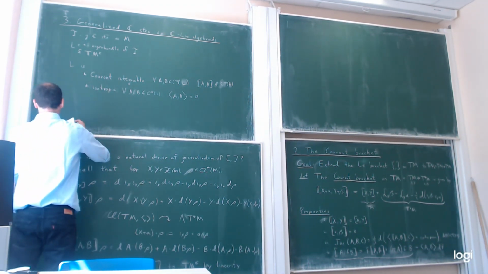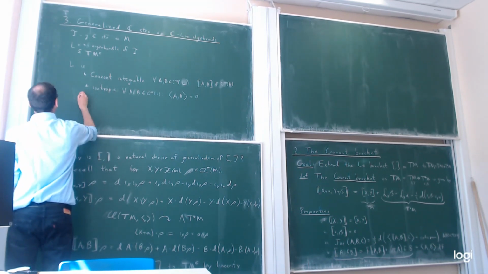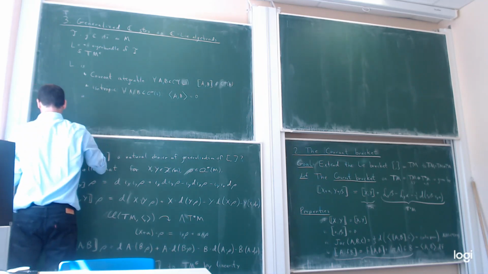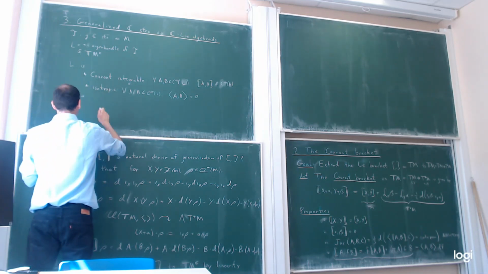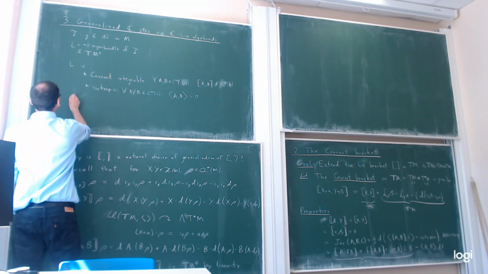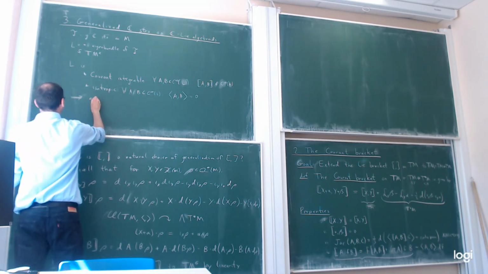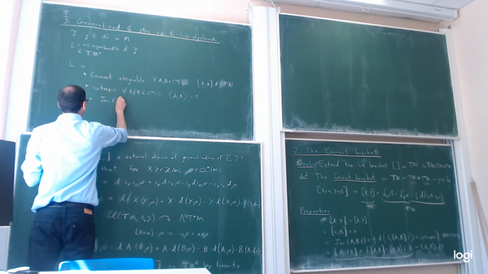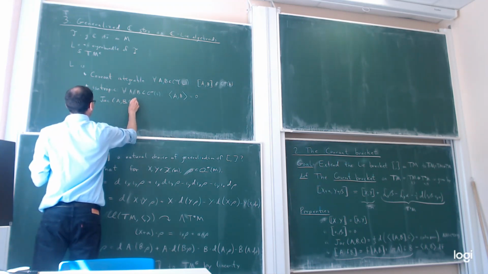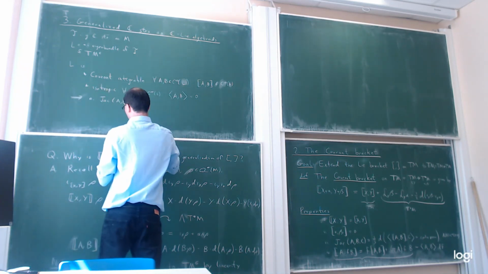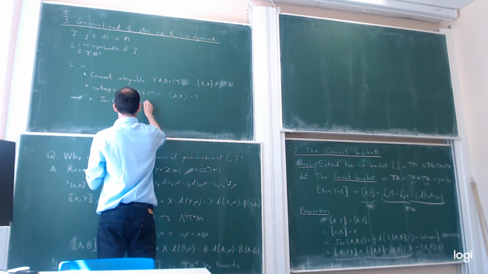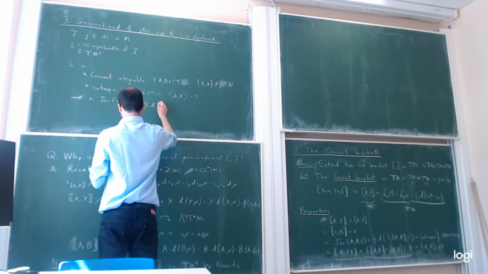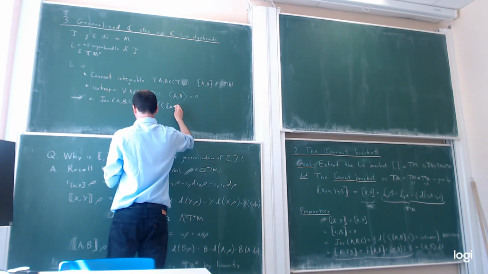So we have, I'll call it A, the Jacobiator of A, B, C is equal to 1/3 the exterior derivative of the same expression as before.